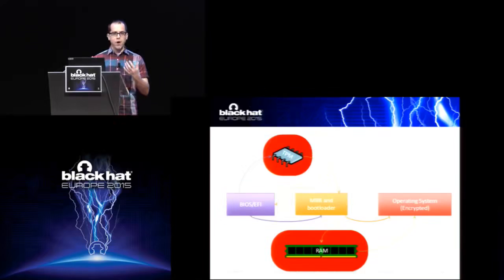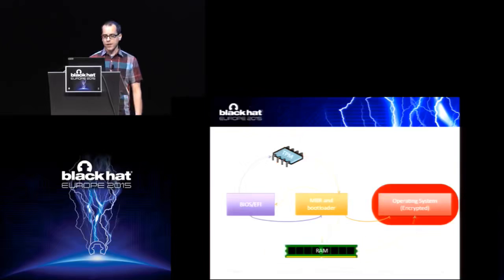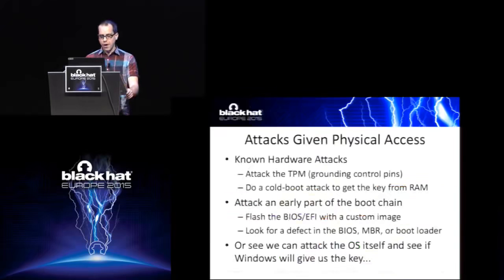There's the physical hardware that you could potentially manipulate. So there's potential to do a cold boot attack on the RAM. There have also been known attacks on TPMs, and I'll say a bit more about that in a second. And then there's the operating system. Obviously, the operating system is the biggest thing here. It's got a very large attack surface.